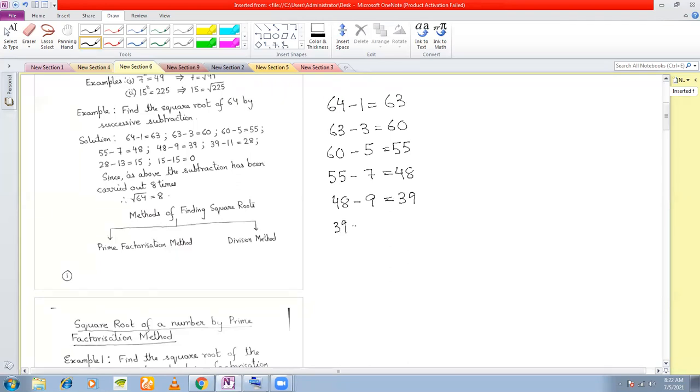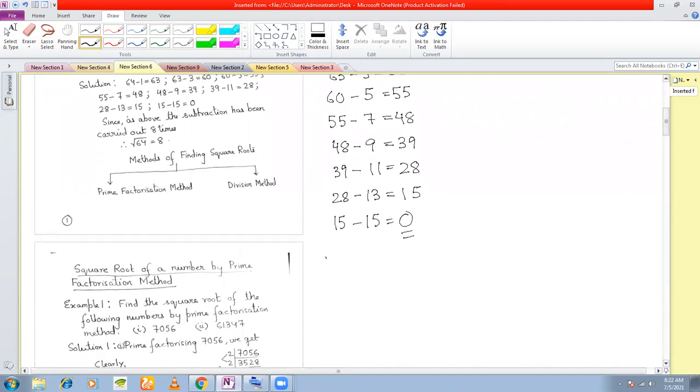Next odd number is 11. Next odd number is 13. And the next odd number is 15. So since we are getting a 0 here, that means 64 must be a perfect square. Therefore, 64 is a perfect square.